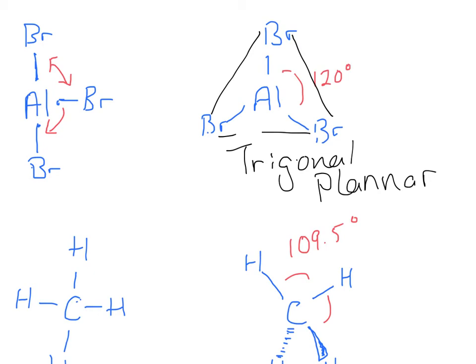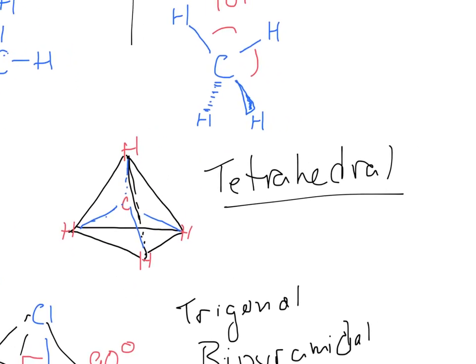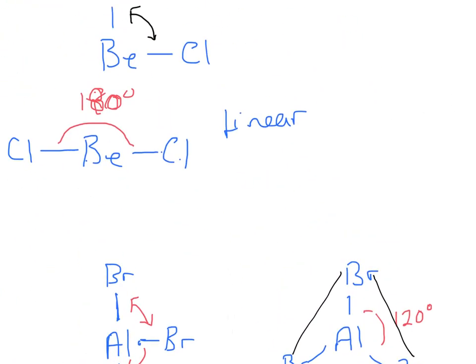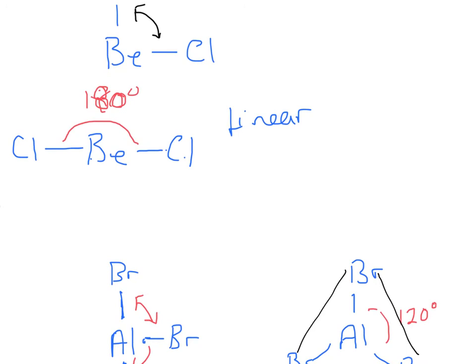So we got trigonal planar, and we got tetrahedral down here. And this one, really easy. It's just going to be linear. So I've broken down all the different angles.